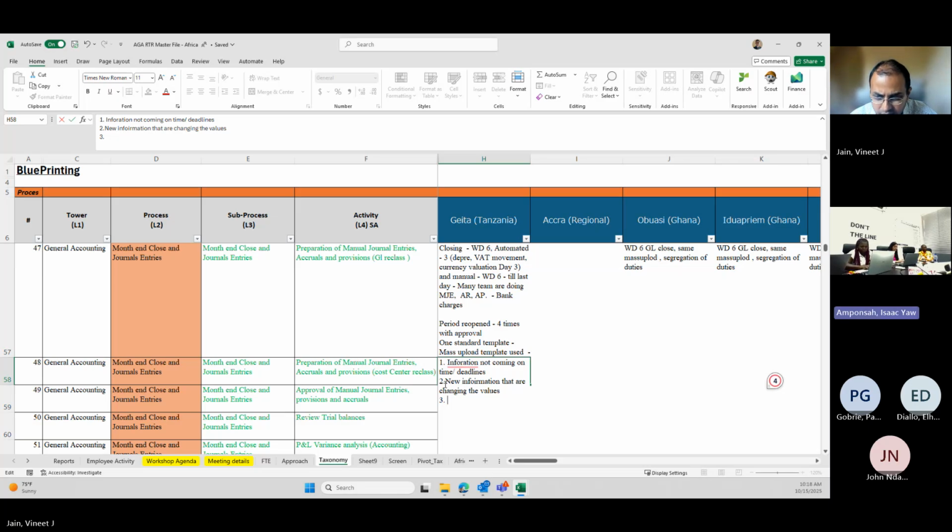An AP officer posts the journal, and then the management accountant or the cost accountant takes it up, and either it is reversed and rewritten, or the reclassification is done by the cost accountant or management accountant. But you have to correct it.